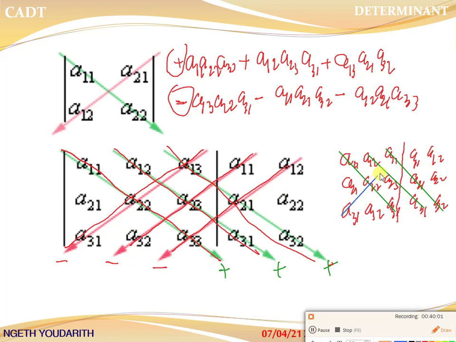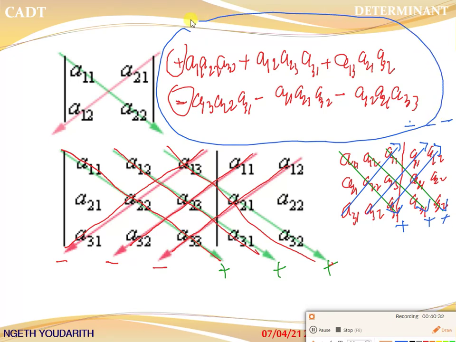Start from here is minus sign, negative sign, and this one is negative sign. Starting from the up to the bottom is positive. From the bottom to the up is negative.